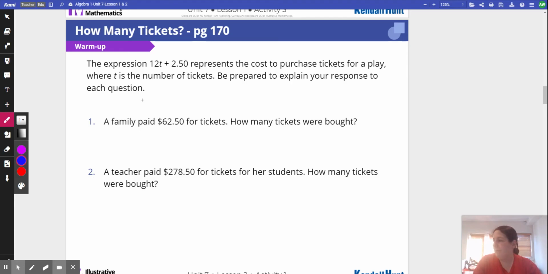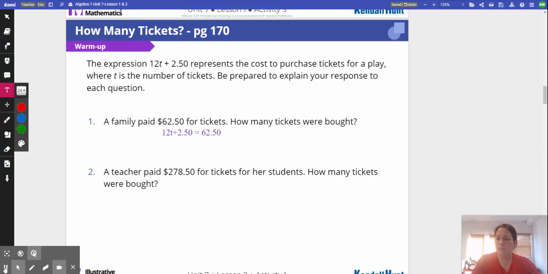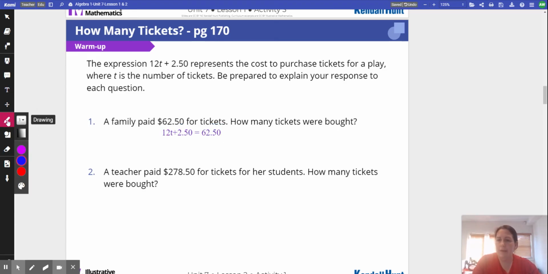A family paid $62.50 for tickets. How many tickets were bought? If we know the total that they paid and we know the expression for the cost for purchasing tickets, we can set them equal to each other and solve for t. So here's my equation. To solve the equation, we have to subtract 250 on both sides.